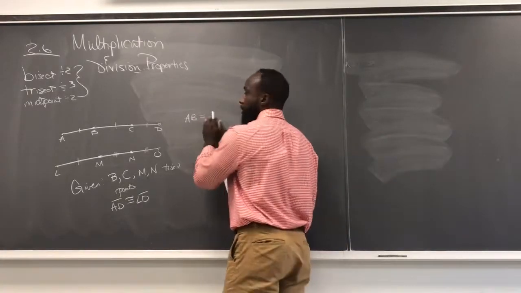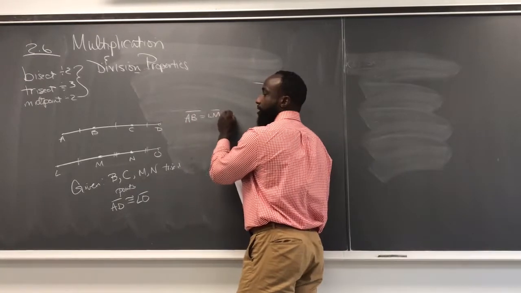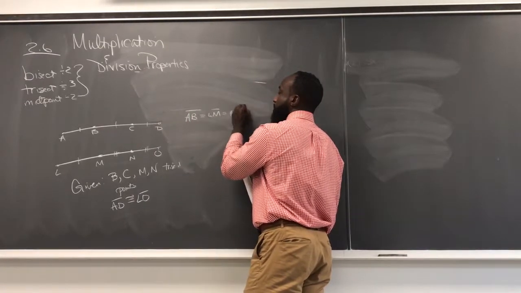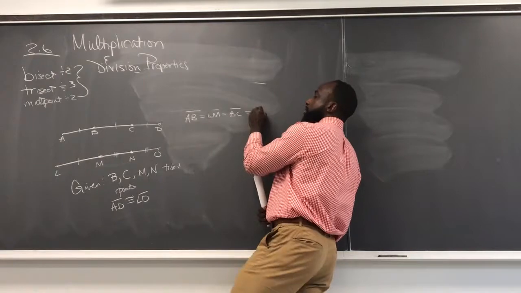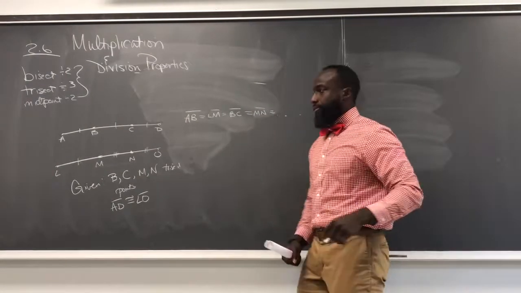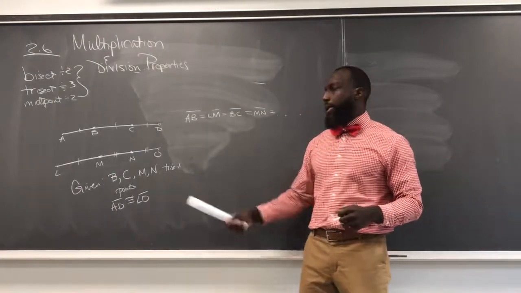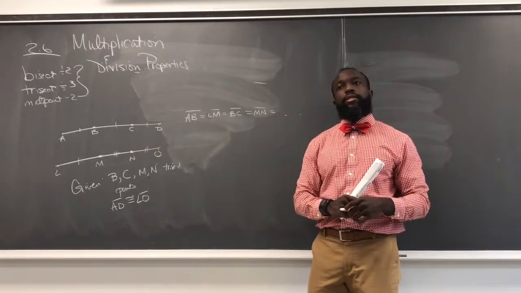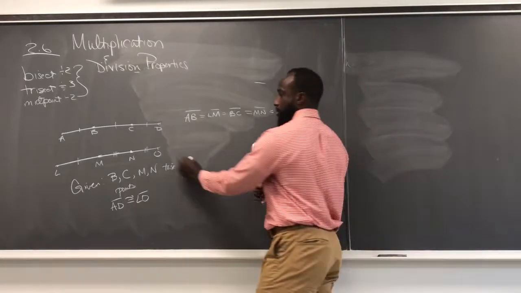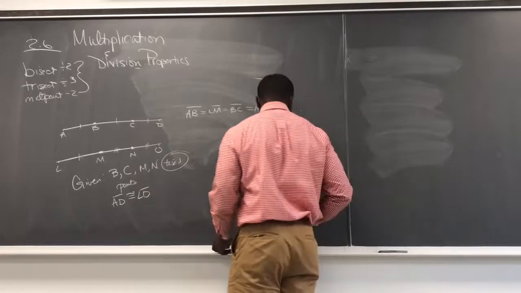So AB is going to be congruent to LM, which is going to be congruent to BC, which is going to be congruent to MN, which is going to be congruent to the last 2, right? Everybody follow me? What's the key term in all of this given information? Trisect is the key term, right? Cool.